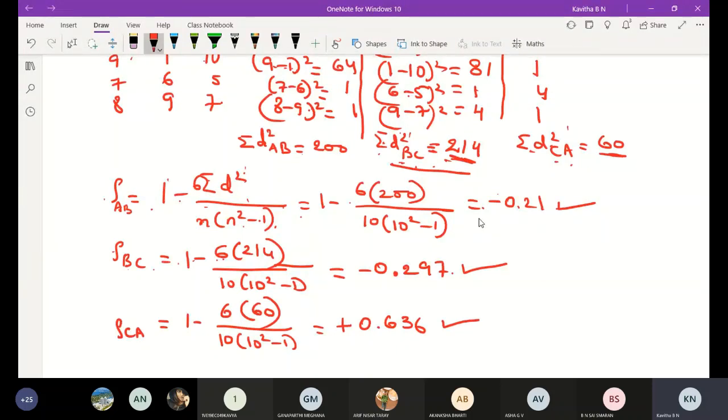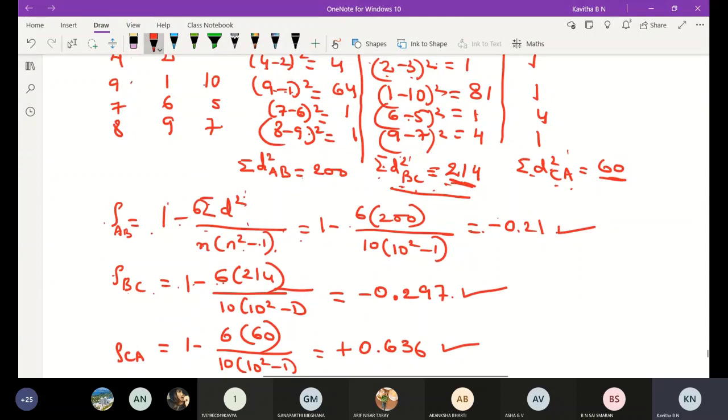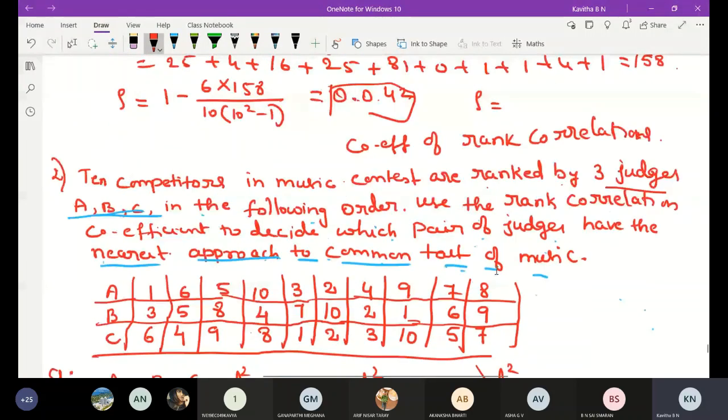Then in this problem what we need to find? We need to find which pair of judges have the nearest approach to common taste of music. Okay, we need to find which pair of judges have the nearest approach to common taste of music. Common taste of music we have to find.